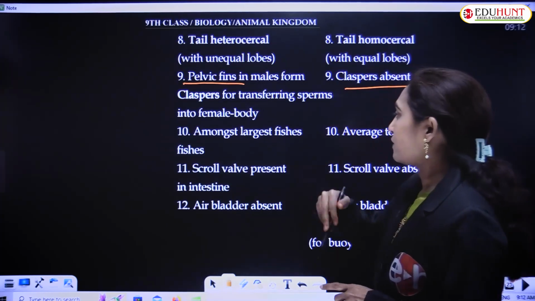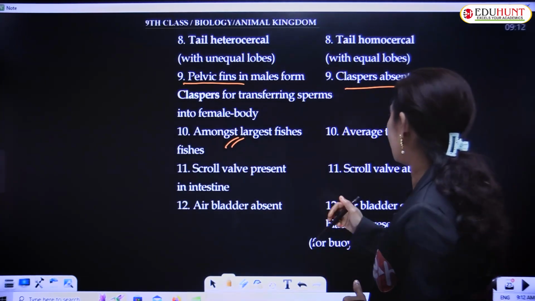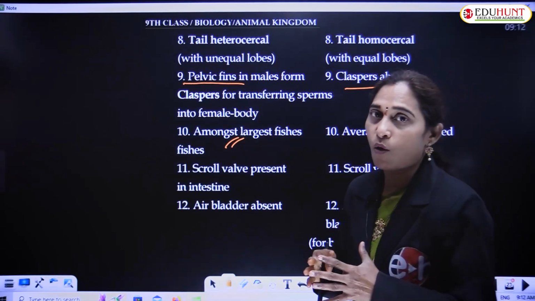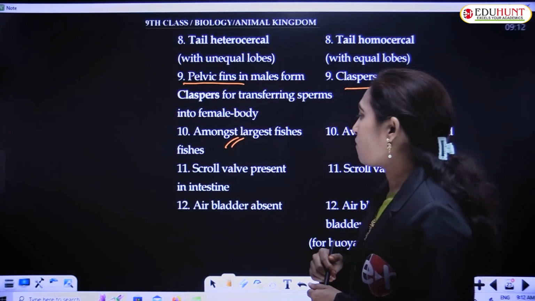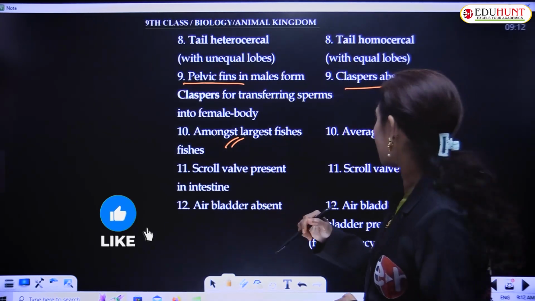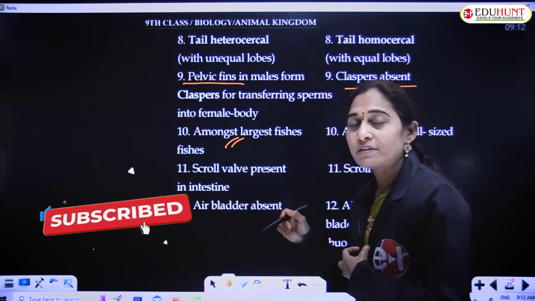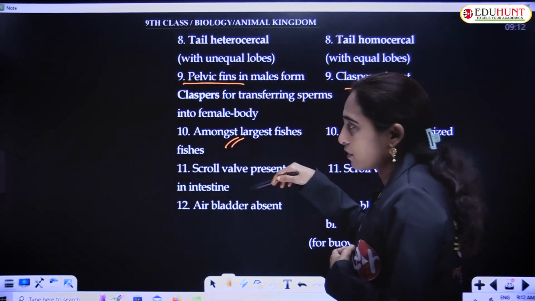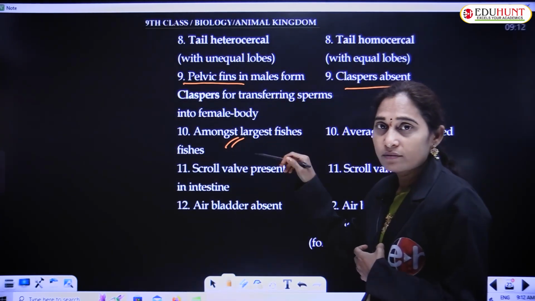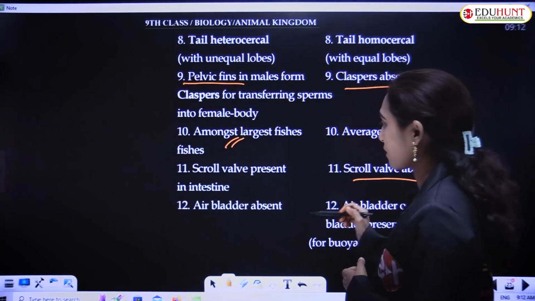Among the largest fish, the body size is largest here, whereas average to small sized fish are present in Osteichthyes. A scroll valve is present in the intestine, which is a special feature of the subclass Chondrichthyes, and it is absent in Osteichthyes.